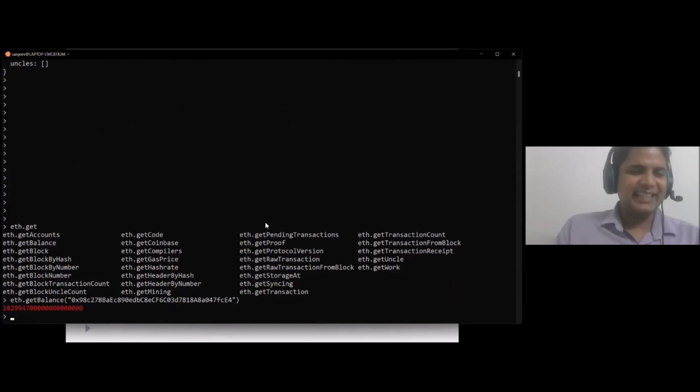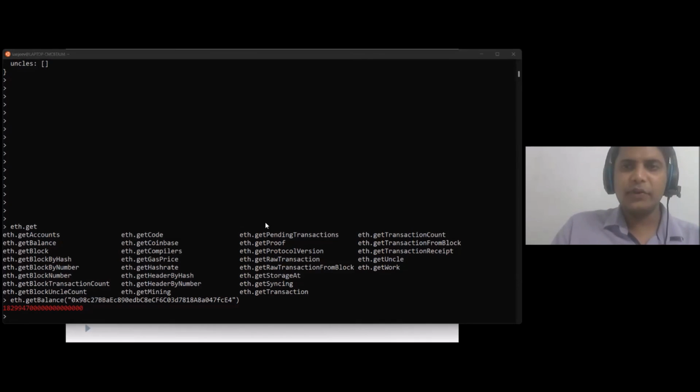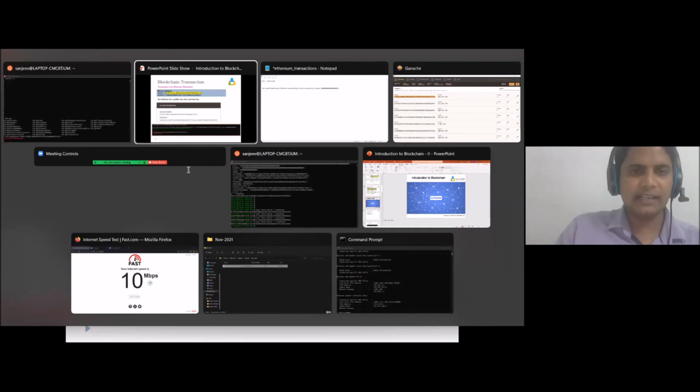See, as you saw, it shows 182.9947 and several zeros. It is 182 ethers. This is my current ether balance. Now I can show you another address, which is 3FE. It says 113 ethers.